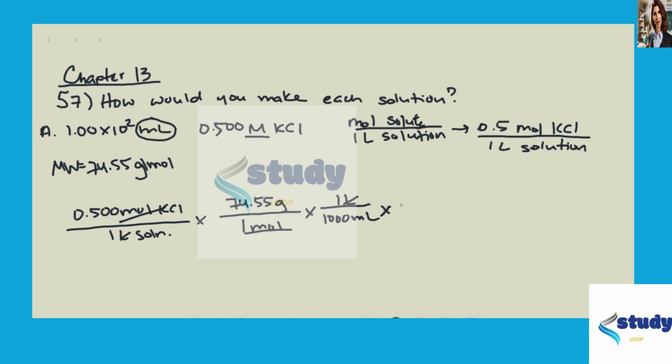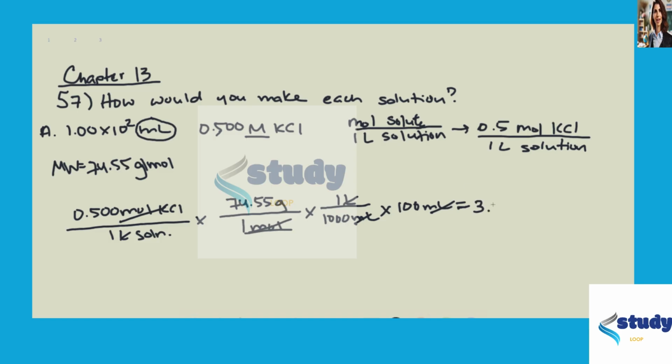And we ultimately want 100 milliliters, or 1.00 times 10 to the second milliliters, of this solution. Once all of these other units cancel, that leaves us with the number of grams we'll have to add to the beaker or flask to make a 0.5 molar potassium chloride solution.